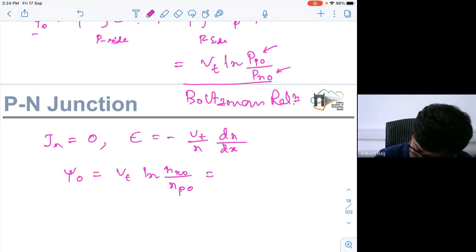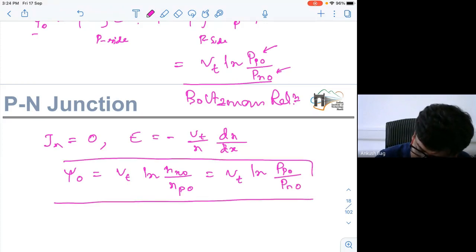Again, we can relate this to the hole concentration also. So this is the overall built-in potential.